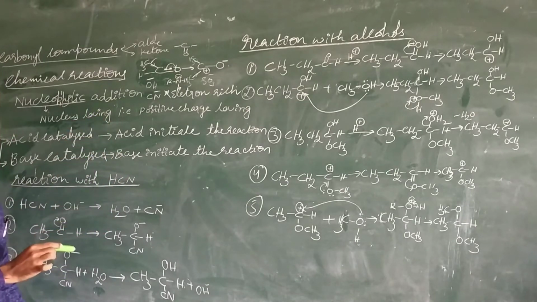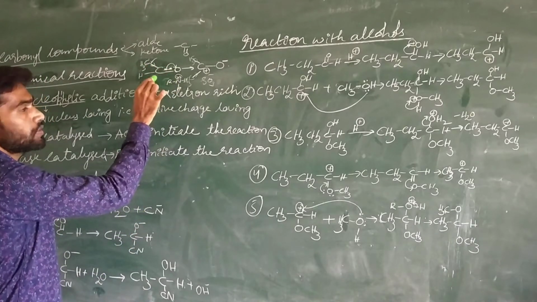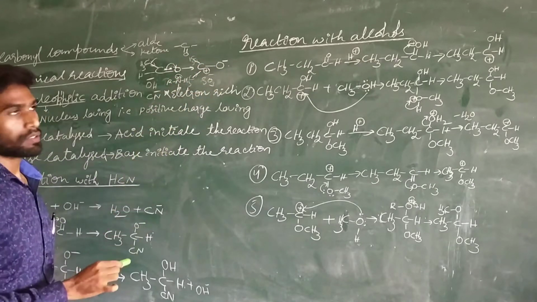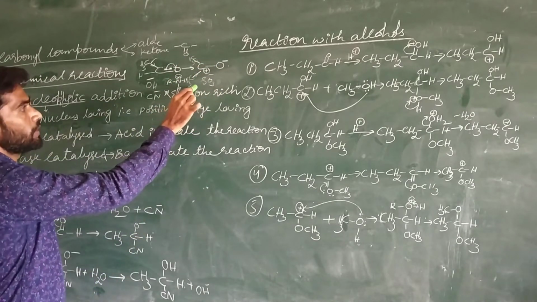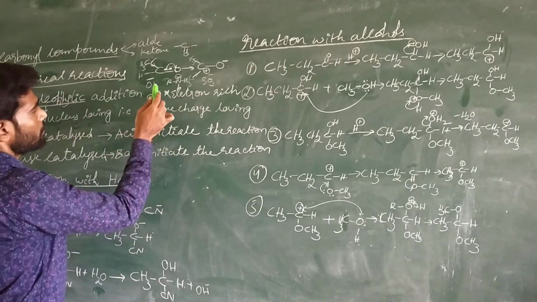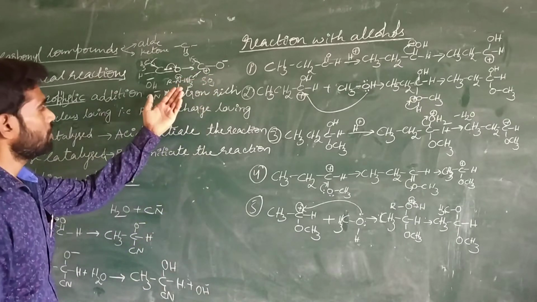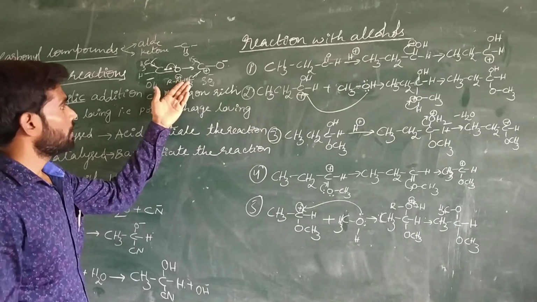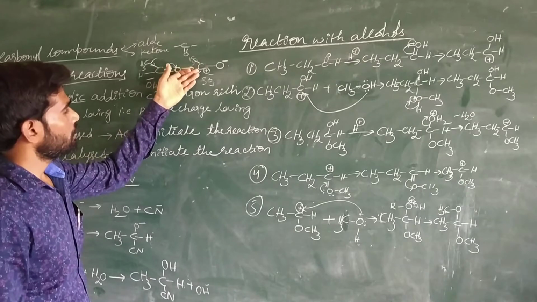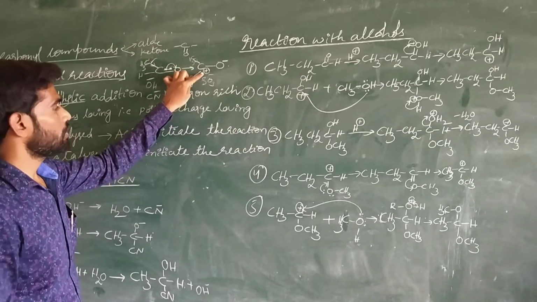These nucleophilic addition reactions occur in aldehydes easily, but in ketones they also occur, but with difficulty, because of the electron donating groups. In ketones, we have two alkyl chains supplying electrons, so the carbon does not have a larger positive charge.